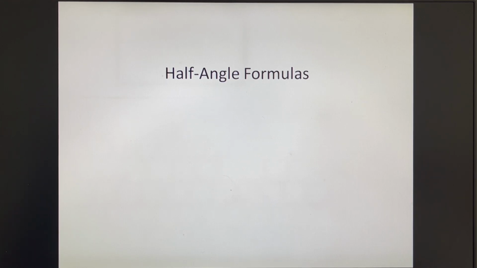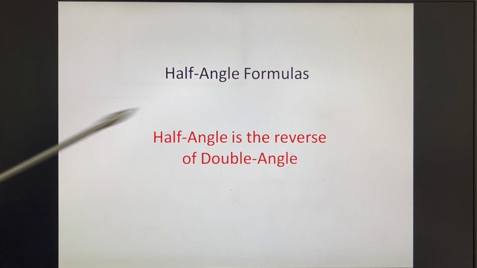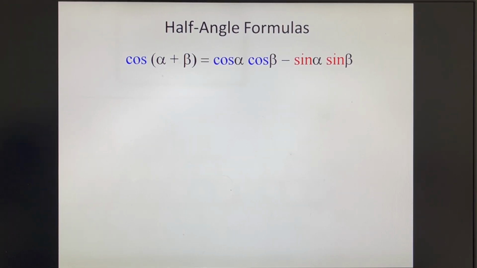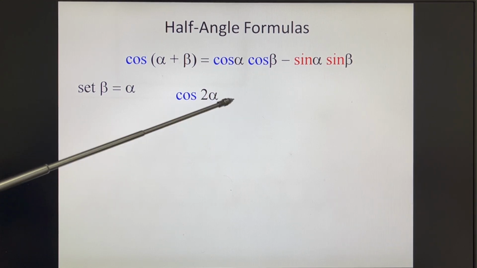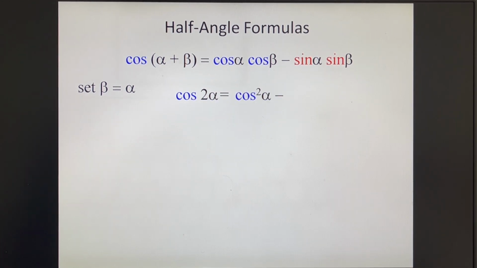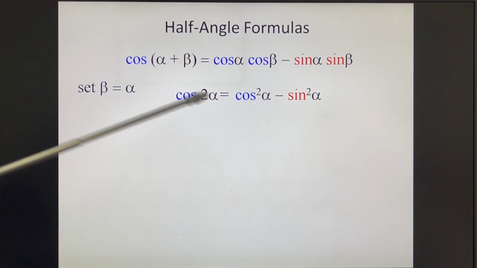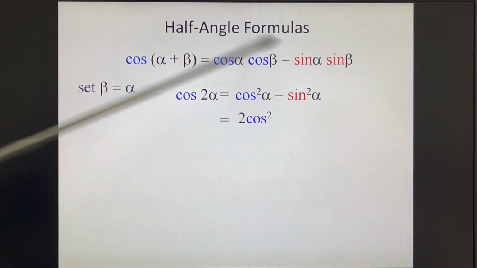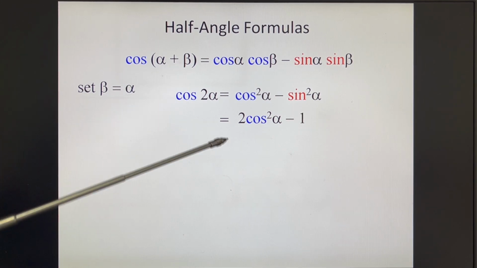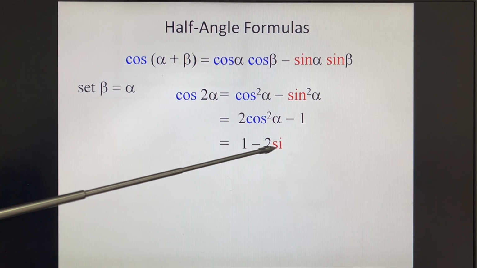Next, half angle formula. We know half angle is the reverse of double angle. So we approach starting from double angle and then try to get half angle. Set beta equal to alpha. So we know that cosine 2 alpha equals cosine squared alpha minus sine squared alpha, also equal to 2 cosine squared alpha minus 1, also equal to 1 minus 2 sine squared alpha.